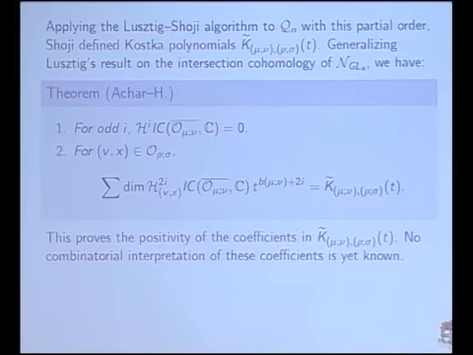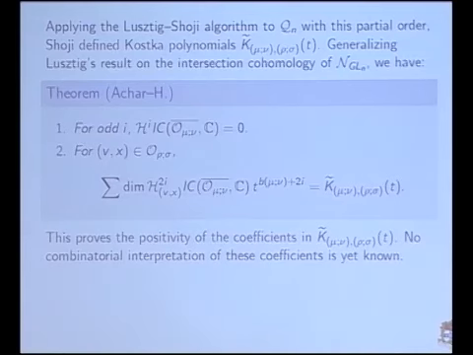Okay, so back to Shoji's work. What he actually did was, having defined this partial order, he then ran the so-called Lusztig-Shoji algorithm on this set Qn with this partial order. This is something you can do whenever you have a partial order on the set of irreducible representations of a Weyl group.